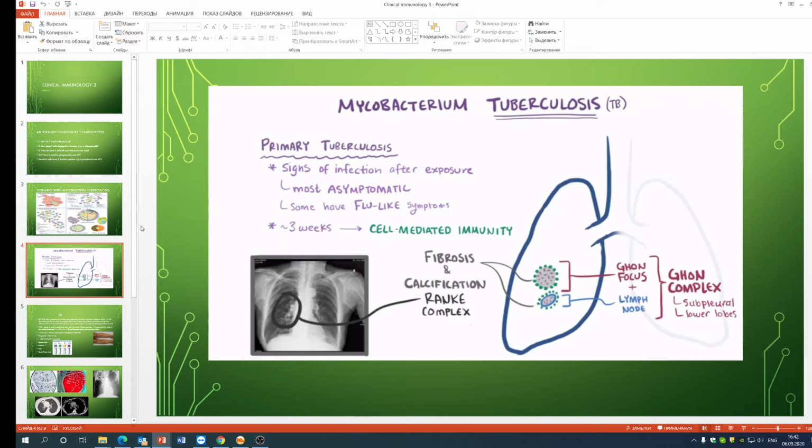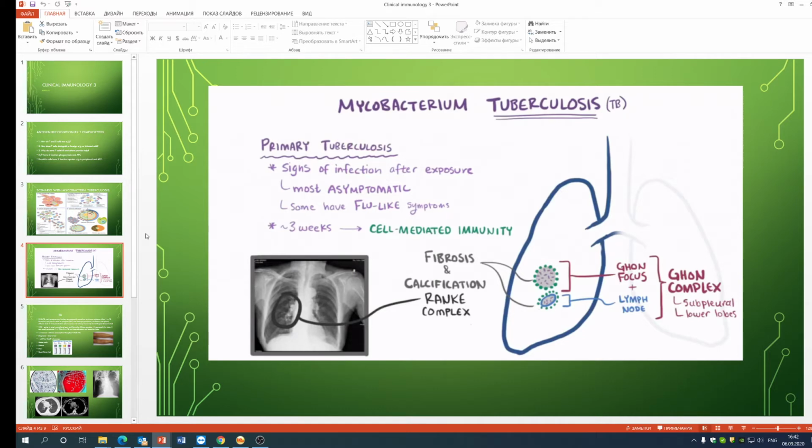They are rod-shaped, similar in shape to other bacteria. What is unique in the tuberculosis bacteria? It has a special coating made up of a mycolic acid coat.